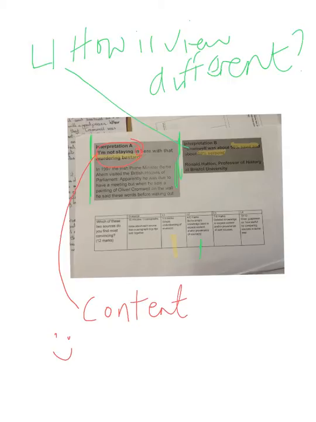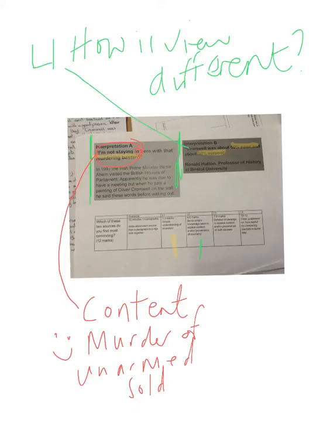Well, one thing that I know is that he ordered the murder of unarmed soldiers in Ireland. So I know that this is partly true, and I'm going to use my evidence, which is this, the murder of unarmed soldiers, to say it's true.